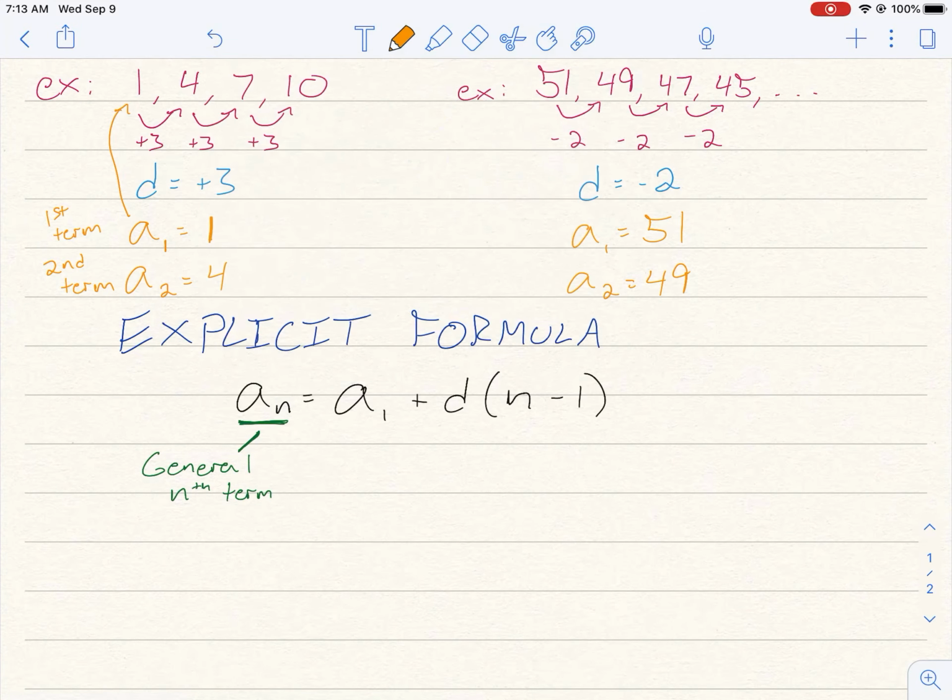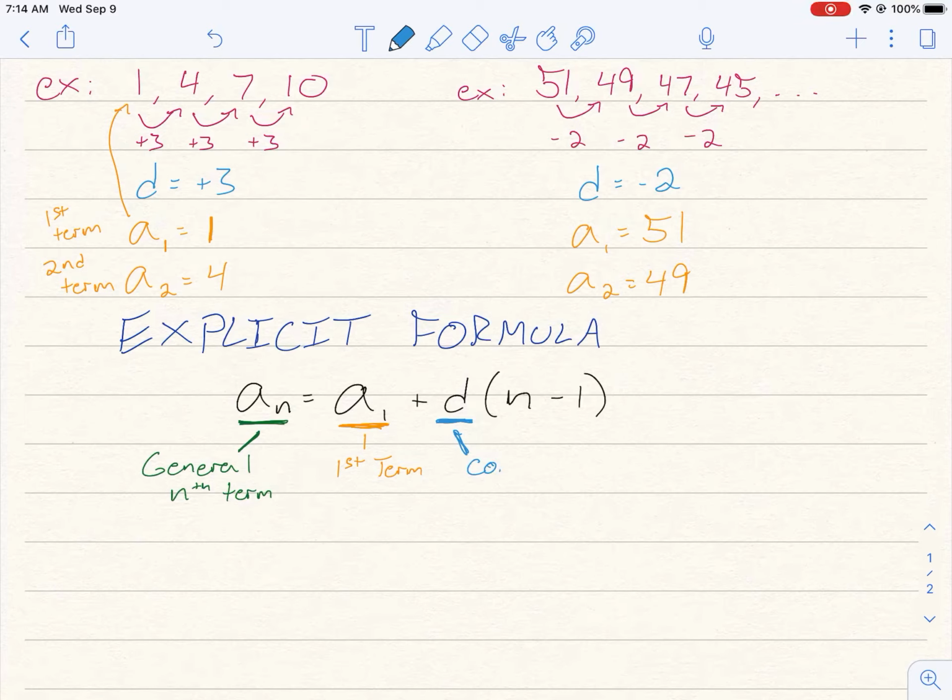We'll get there. A sub 1, that's your first term. That's what we did over in our previous two examples where we found our first term, our second term, but here for the explicit formula, I only need that first term. d, we already defined that and saw it come up a few times.